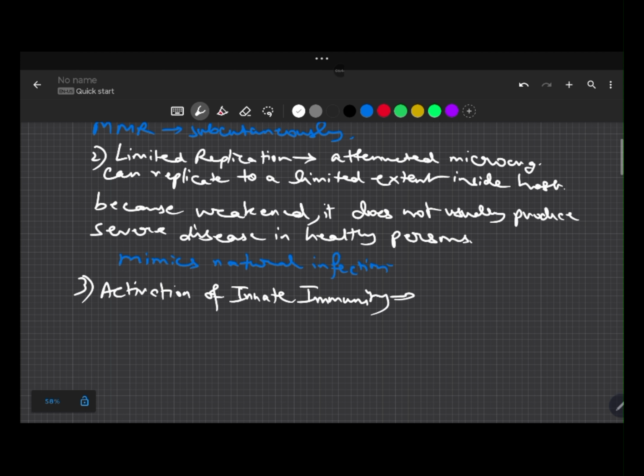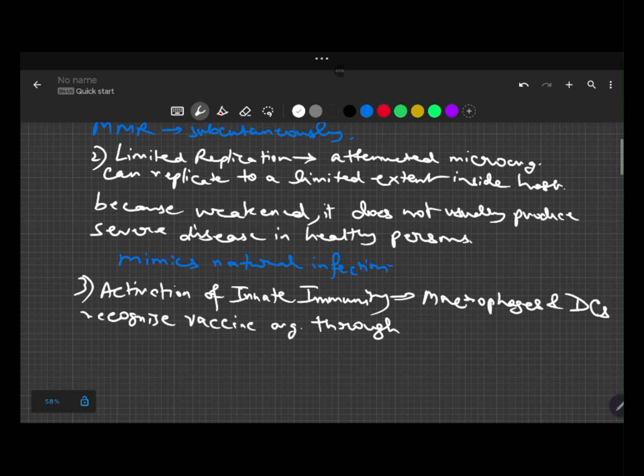Macrophages and dendritic cells recognize the vaccine organism through pattern recognition receptors, PRRs.